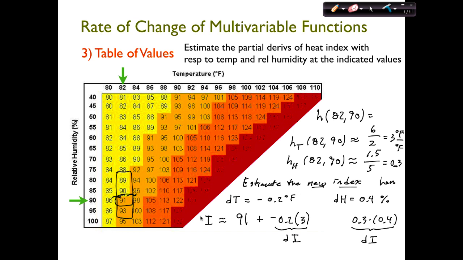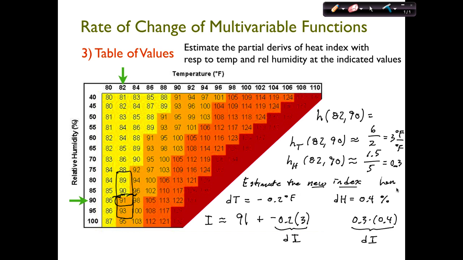So 91 plus the change gives you the new index, just like we did 91 plus the change over here. Given any change in humidity, the resulting change in index would be 0.3 times that change in humidity. So there it is. 0.12.